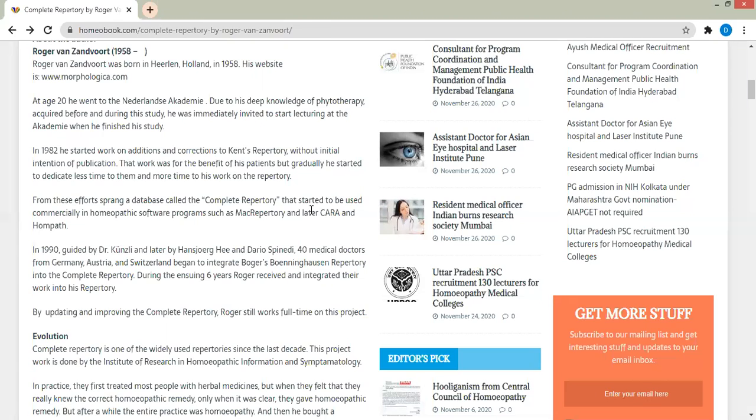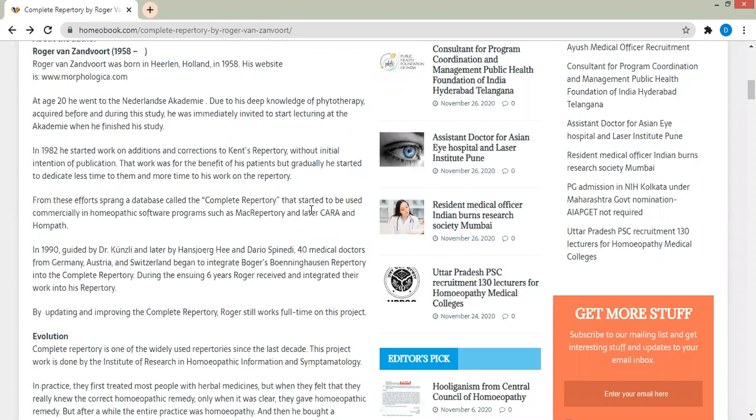So Dr. Roger van Zandvoort started his work on the Complete Repertory in 1990, and after 6 years of continuous and dedicated work, he completed the construction of the new repertory in about 1996.